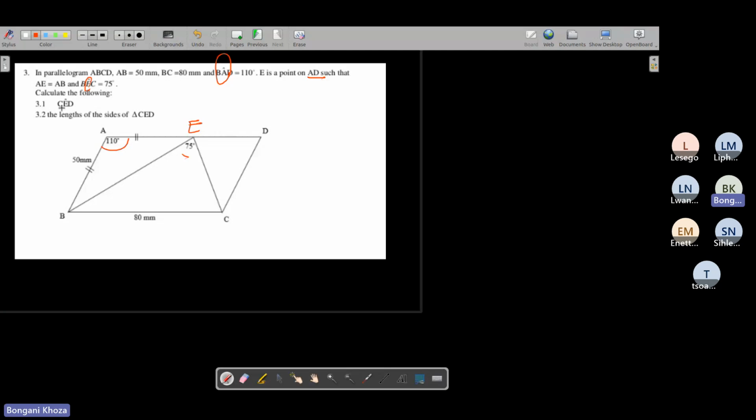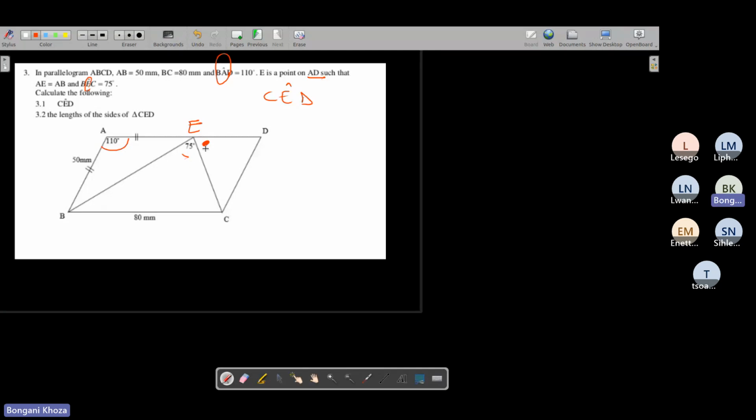Firstly, we're supposed to find the value of the angle CED. So CED is over here. We're supposed to find that angle. The second question is asking us to find the lengths of the sides of this triangle over here. Right, so let's get started.